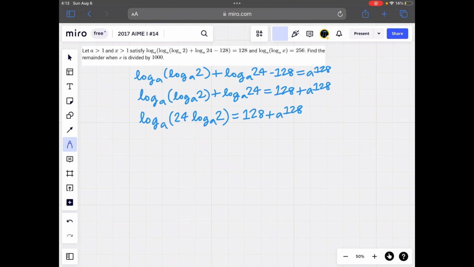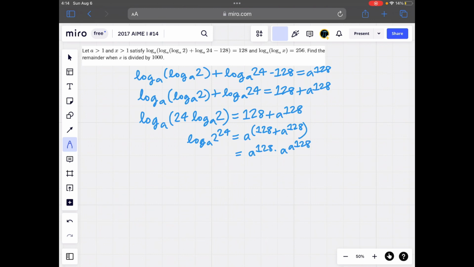And finally, we can get rid of the first log again. We know that 24 log a2 is equal to log a of 2 to the 24th equals a to the power of 128 plus a to the 128. And this is equal to a to the 128 times a to the 128.